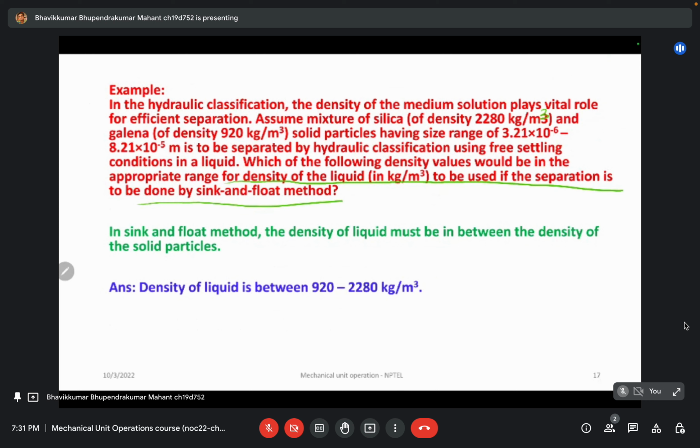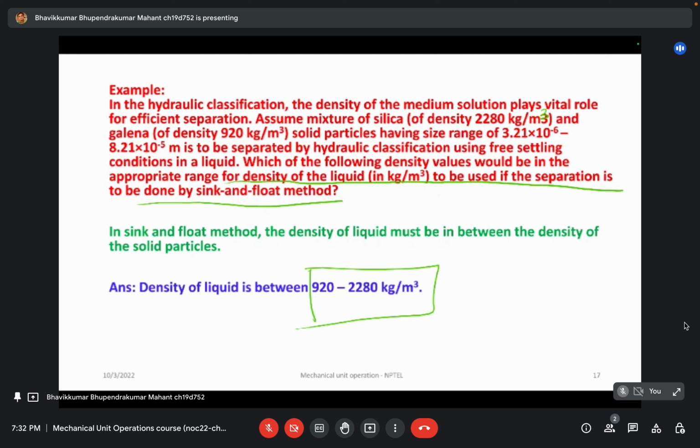Now we know that in the sink and float method, the density of the liquid which we are using to make the suspension needs to be between the densities of the two different solid particles. So our density of liquid must be between 920 and 2280 kg per meter cube. This is the thing we have to take care of.